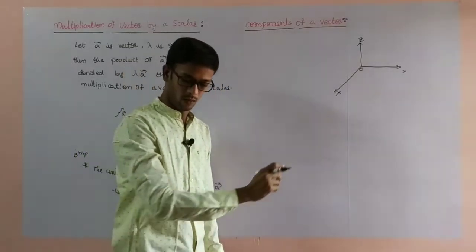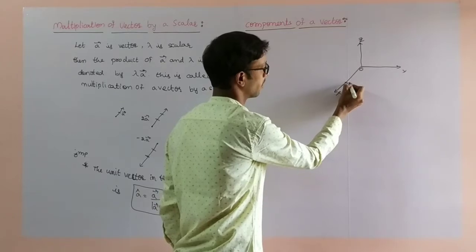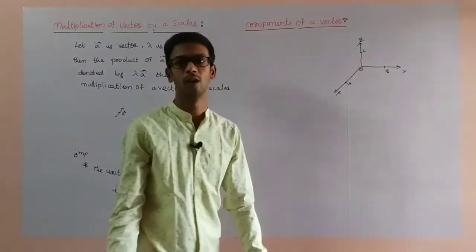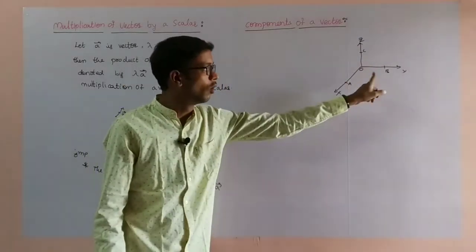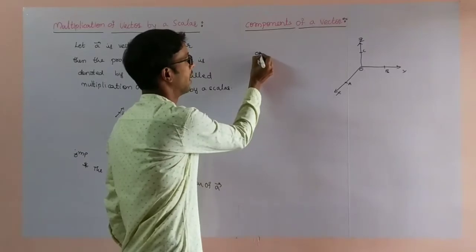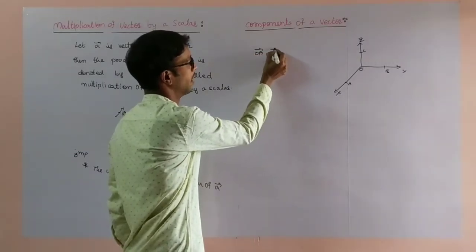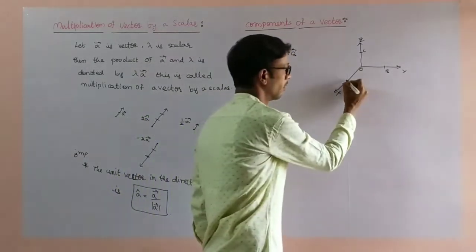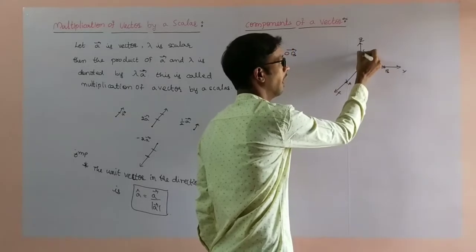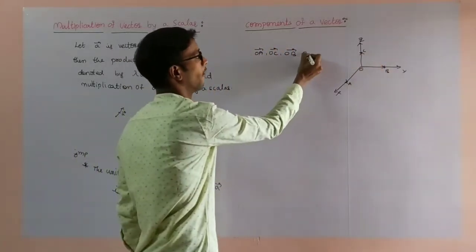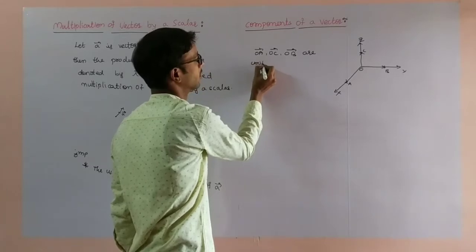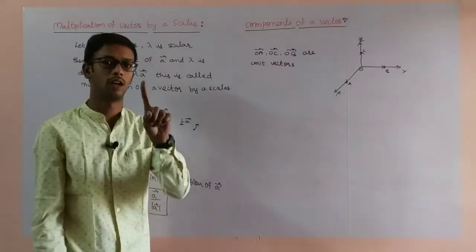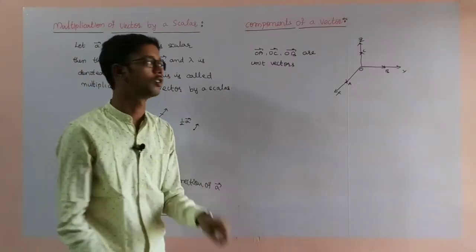Next, this point is A, this point is B, this point is C. OA bar, OB bar and OC bar are unit vectors. Unit vectors means the magnitude should be 1.